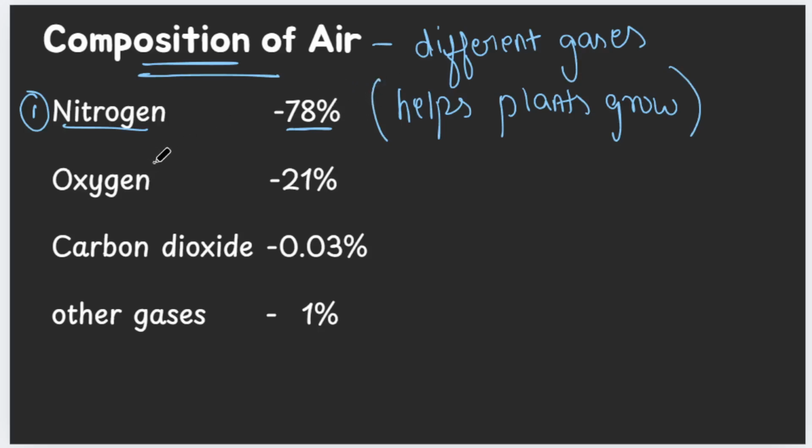What gas do we use for breathing? Oxygen, right? We use oxygen for breathing. So the second gas is oxygen, which is 21%. So we have to breathe in oxygen.